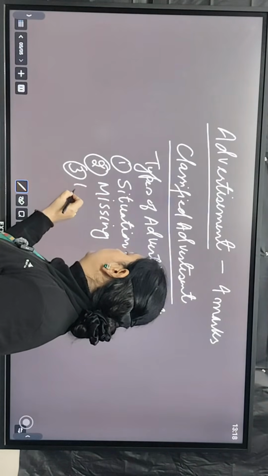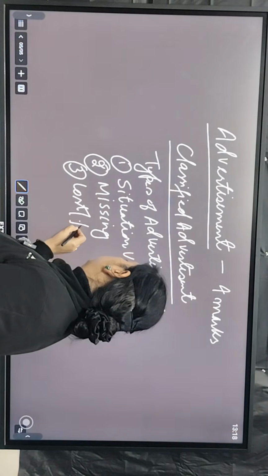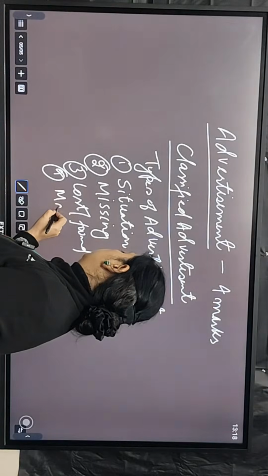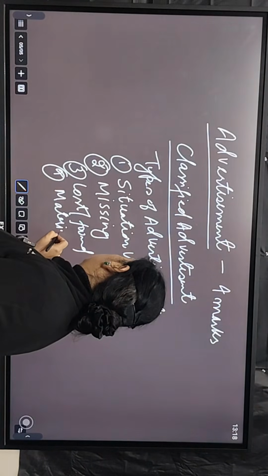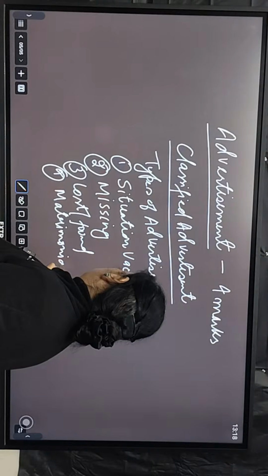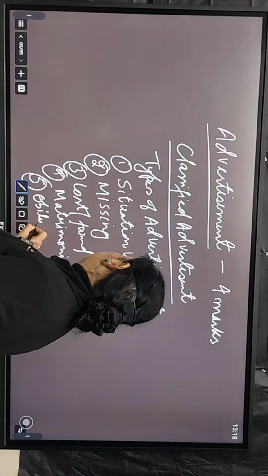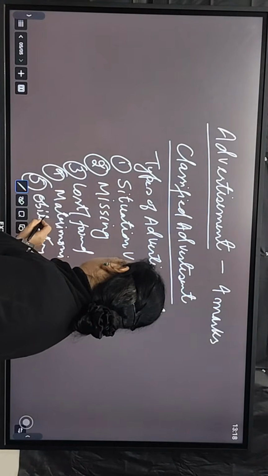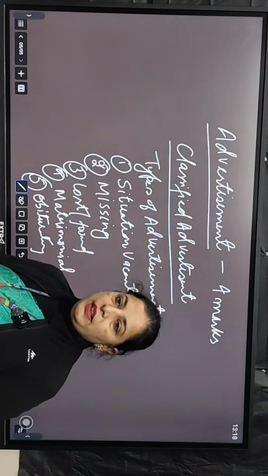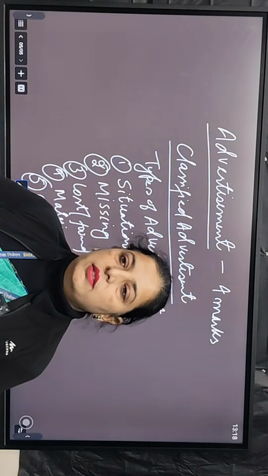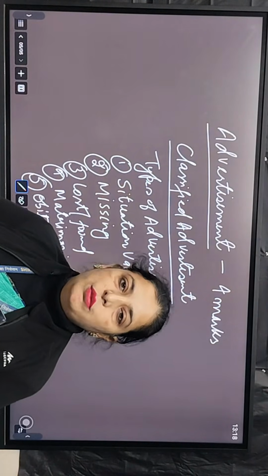Third can be lost or found. Fourth is matrimonial. Fifth is obituary. किसी की डेथ के बारे में हम इन्फॉर्म करते हैं. These 5 can be the types or areas on which we have to write advertisement.